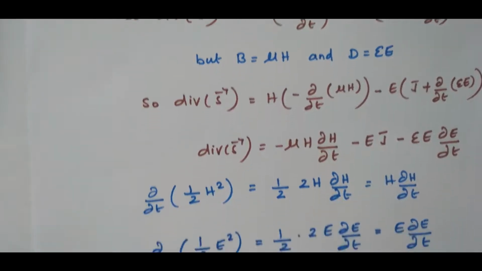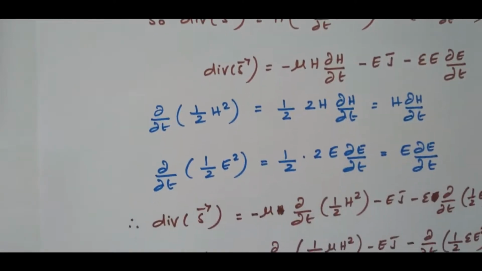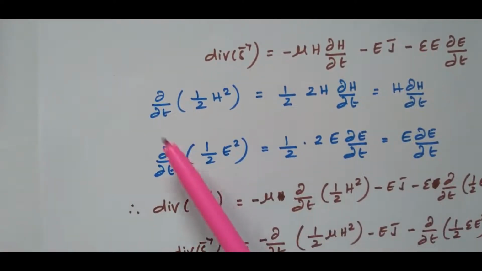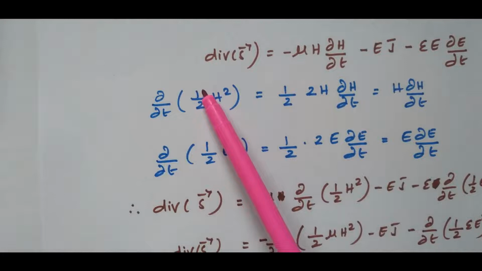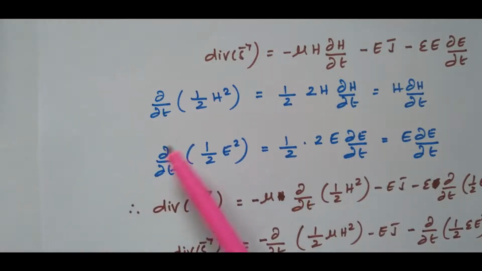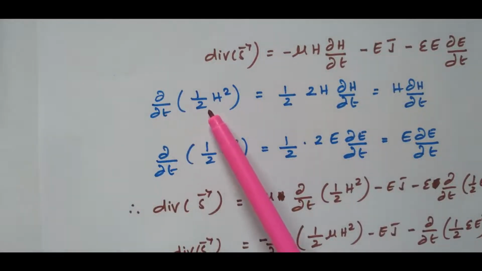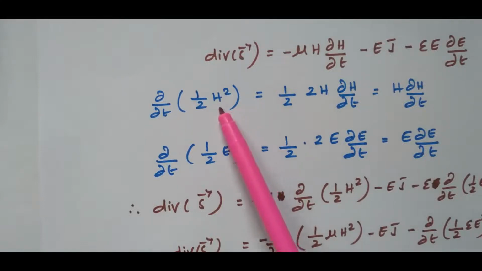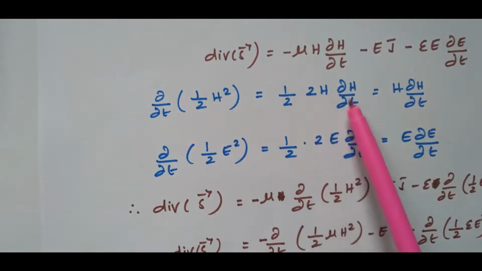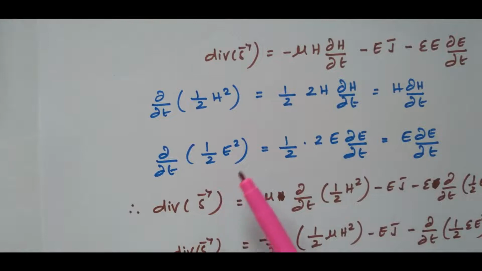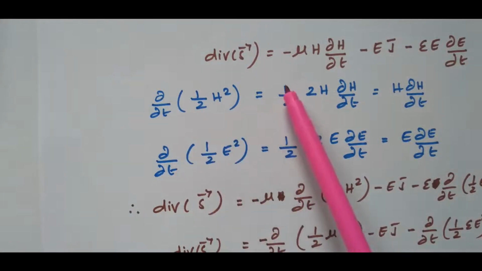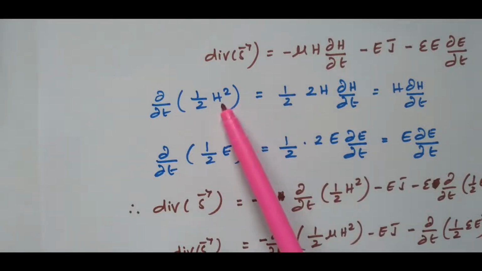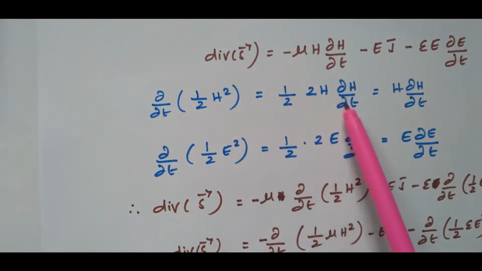Now we'll go for the further simplification. For example, dou by dou t of half H square. How will you write the dou by dou t of half H square? We are going to differentiate with respect to H. So 1 by 2, the differentiation of H square is 2H dou H by dou t.